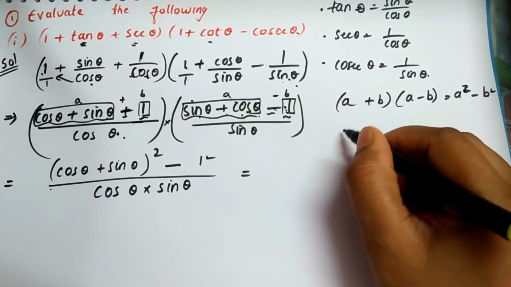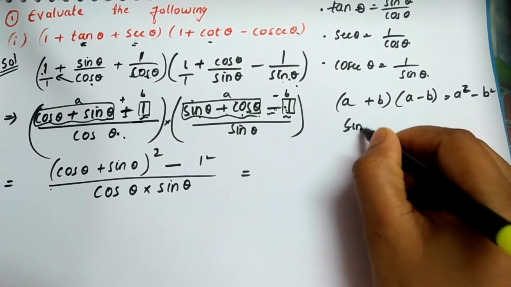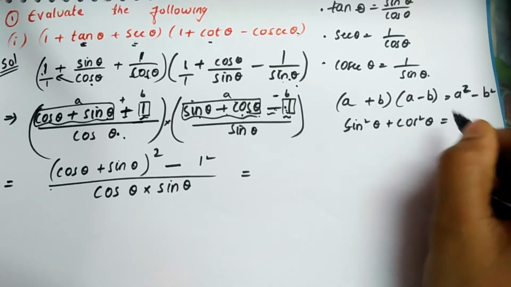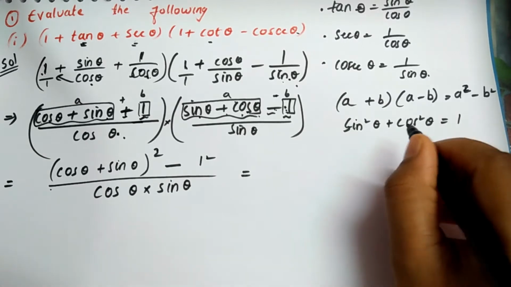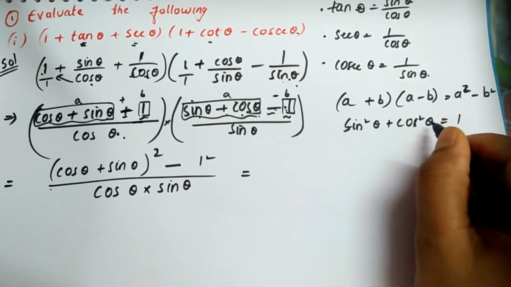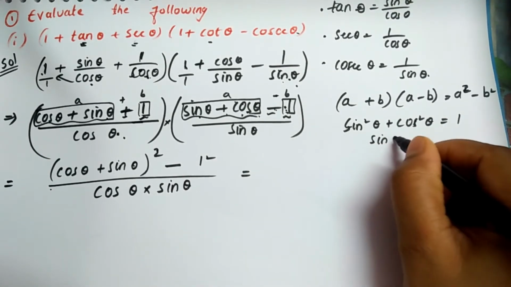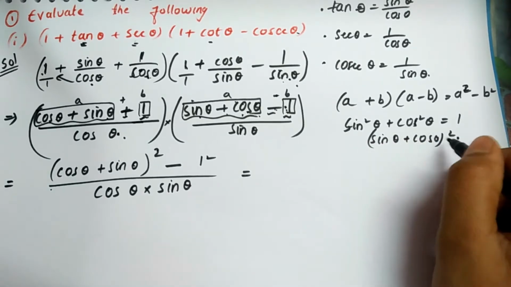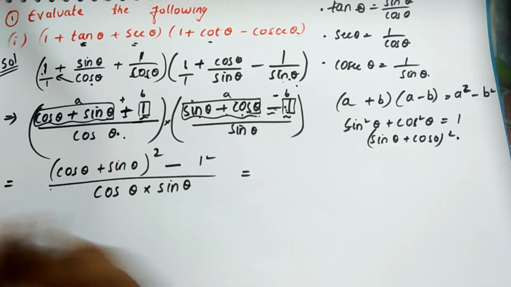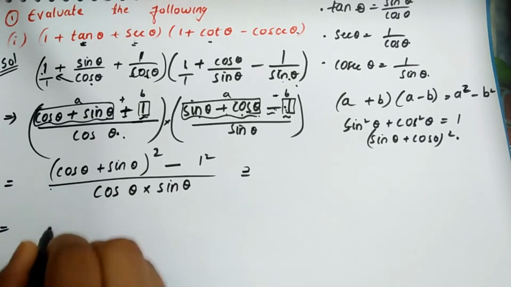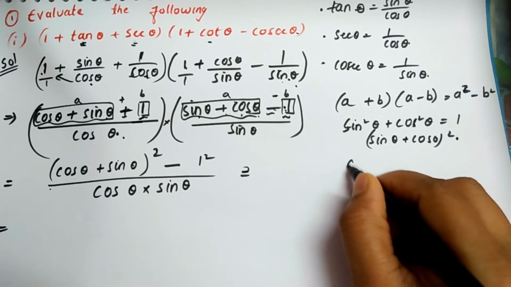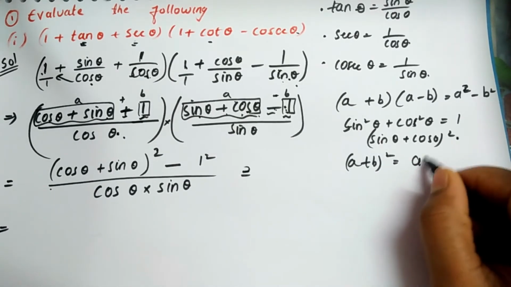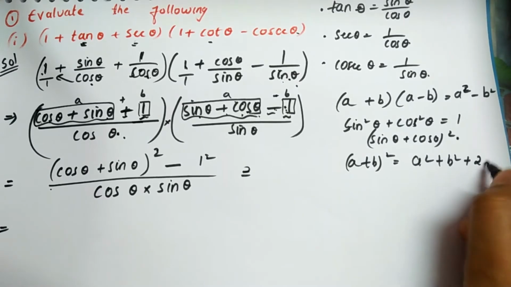Now see, we have an identity, sin square theta plus cos square theta is equal to 1, if it pertains to sin and cos, right? We have this, but we don't have any identity as such for this, right? So what are we doing? We are just simplifying using our formula, right? What is a plus b whole square? Just now we learned, a square plus b square plus 2ab, right?